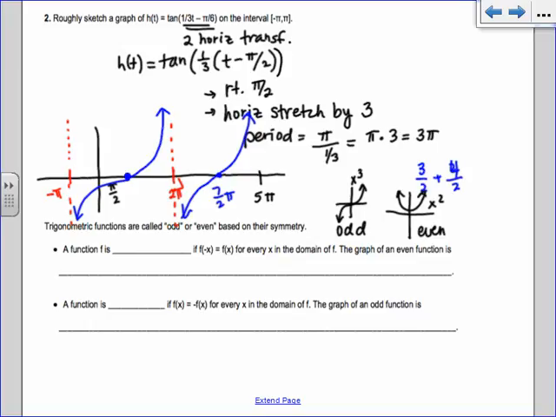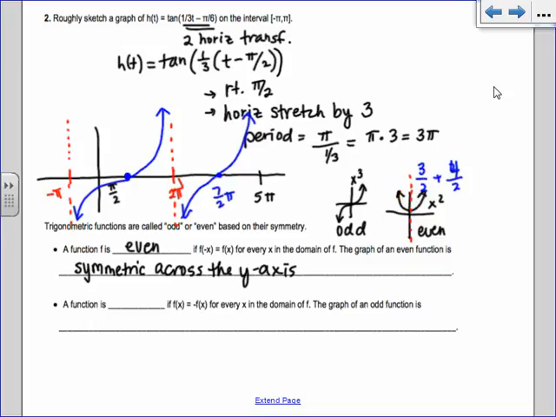So function f is said to be even if f of negative x equals f of x for every x in the domain. The graph of an even function is symmetric across the y-axis. So if you look at y equals x squared, and you think about folding it over on itself, it folds perfectly across that axis.